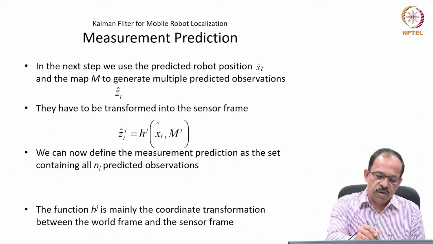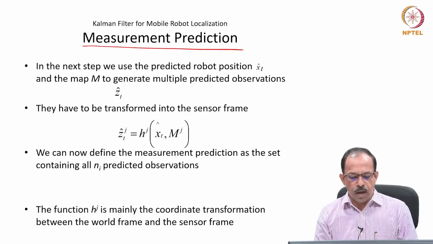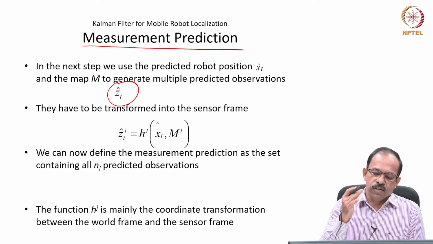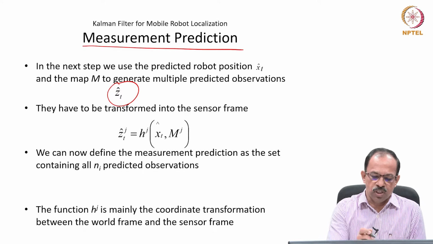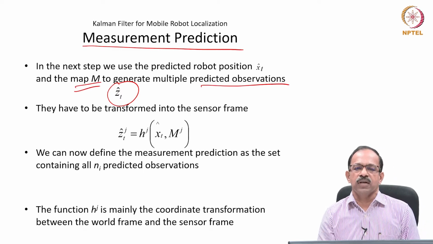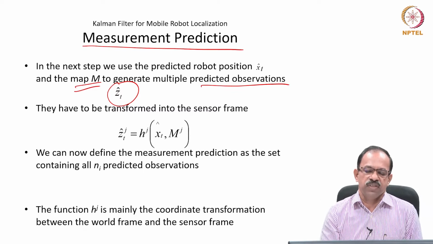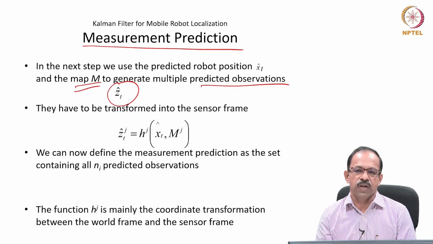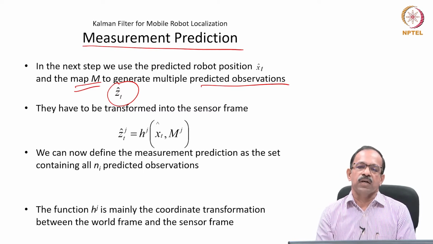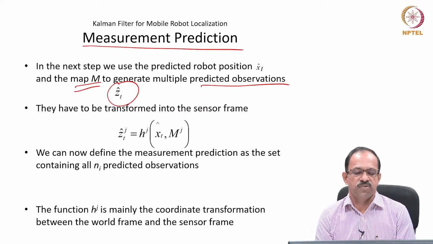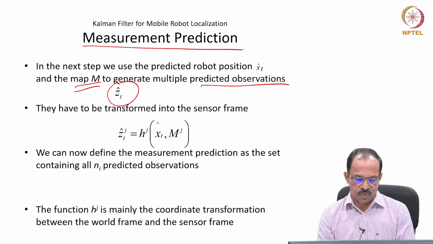Now, the next one is the measurement prediction. Prediction is Zt hat. As I mentioned, it will check from the map, and based on the map, it will try to find out the predicted observations if the robot is at that location. If the robot position is given, it will try to find out the features near to that, and say that these features are supposed to be seen by the robot.